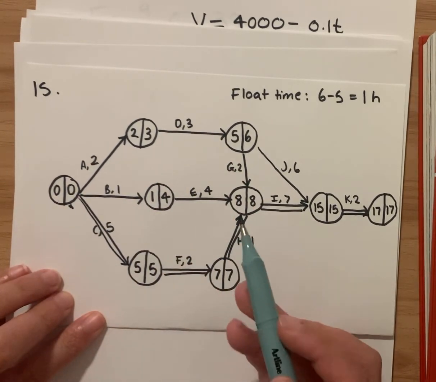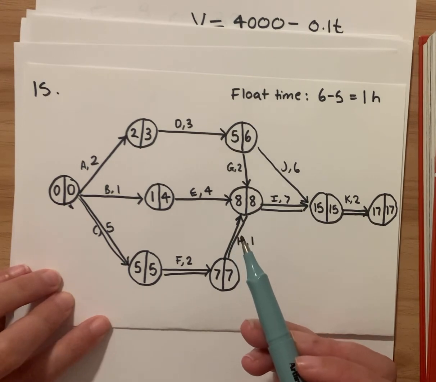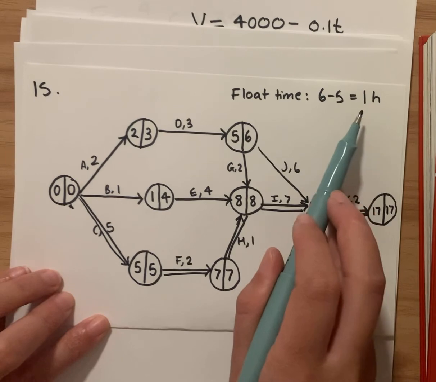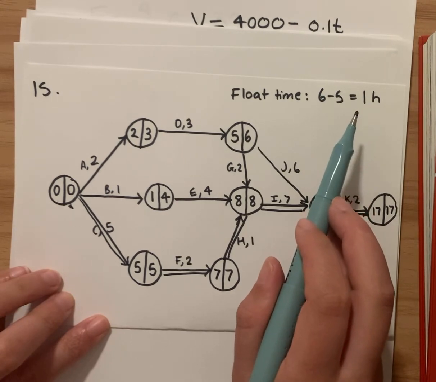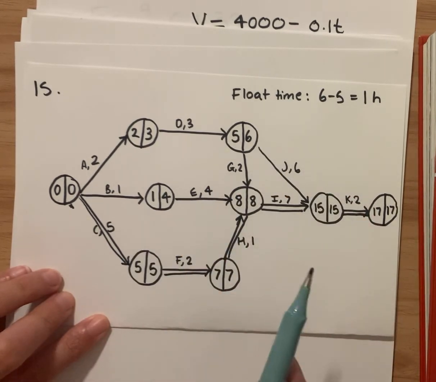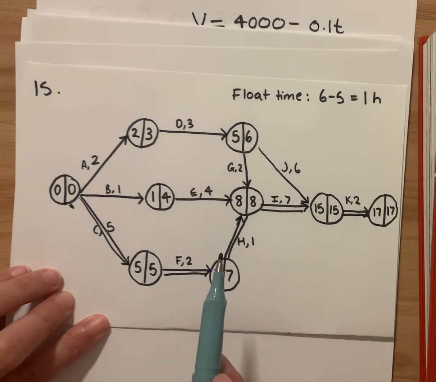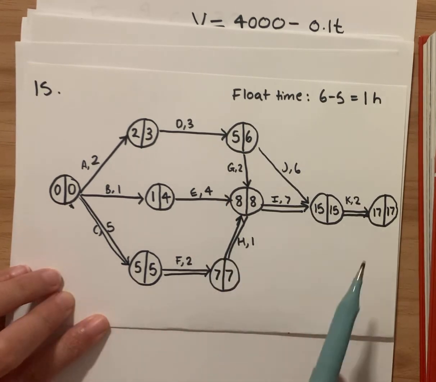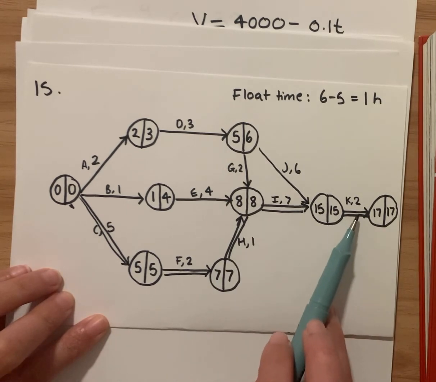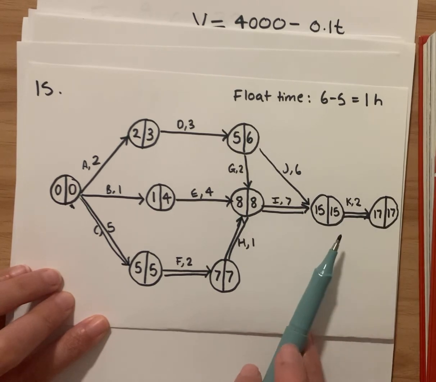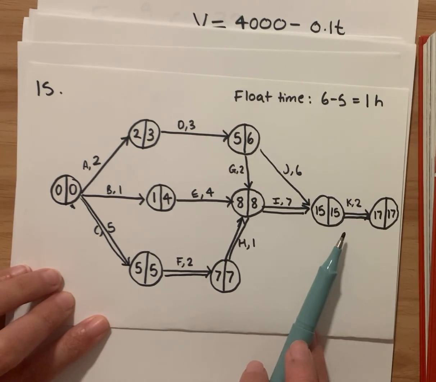So the question asks us to delay it by 5 hours. So for the first hour, it's not going to affect it. But for the remaining 4 hours, that's going to delay the whole thing by 4 hours, okay? The question says it will be delayed by 5. Sorry, it says how much will K be delayed by, and K is right at the end over here. How much will it delay the critical path by?